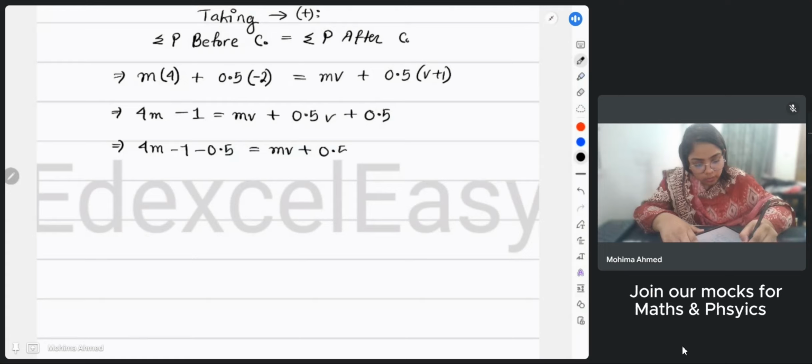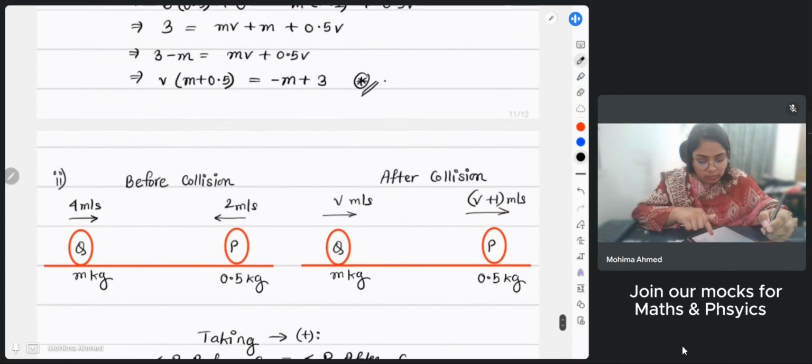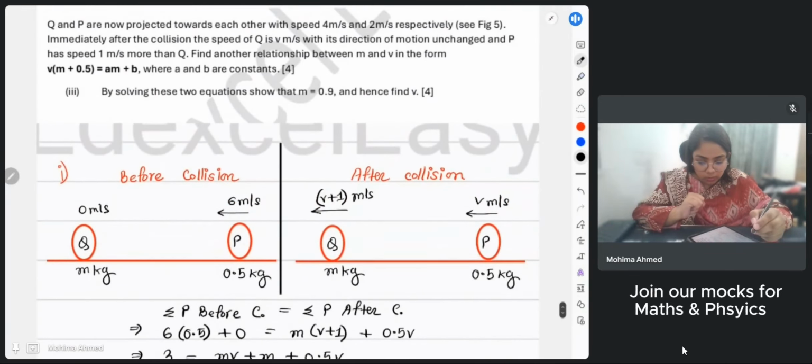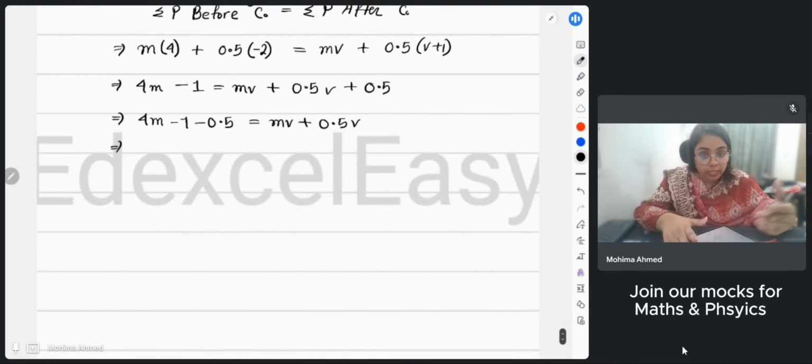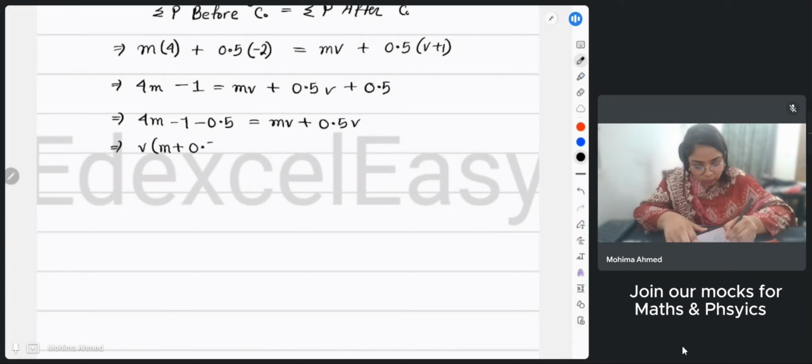Let me just go back and see in what format they were giving the answer. Okay, right. So in that case, I'm going to flip it and make v the subject. I'm going to take v common from this side, which is v(m plus 0.5), and on the other hand we have 4m minus 1, and minus 0.5 is obviously minus 1.5, right? In your question this was written in the format of v(m plus 0.5) equals am plus b.